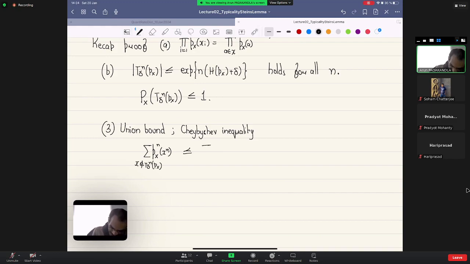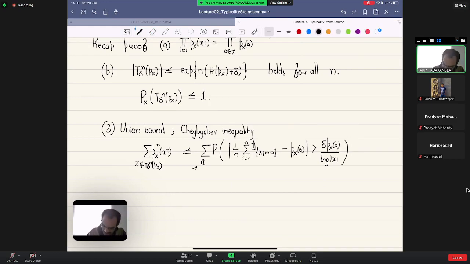So I say summation over a of the indicator function, something like this: 1/n summation i equal to 1 through n indicator function x_i equal to a deviates from p_X(a) by something greater than delta p_X(a) over log cardinality of X. And I used the Chebyshev inequality. So this is not for all a, the a has been put here.